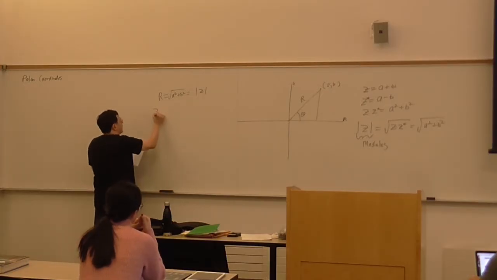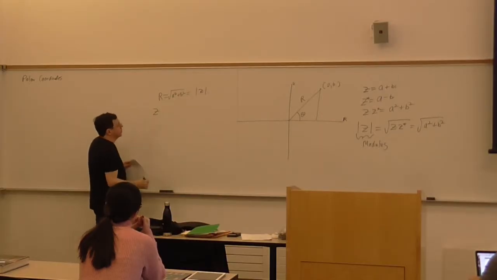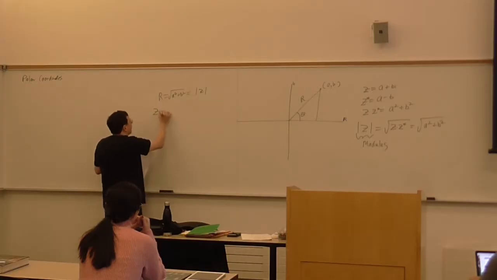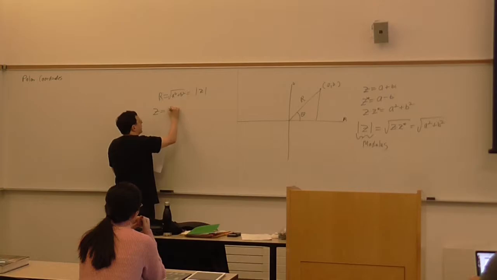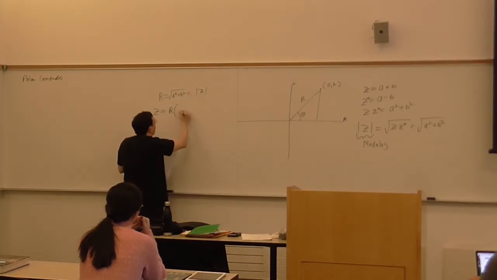Let's write z in terms of this r. Specifically, I want to factor r out of my a plus bi.